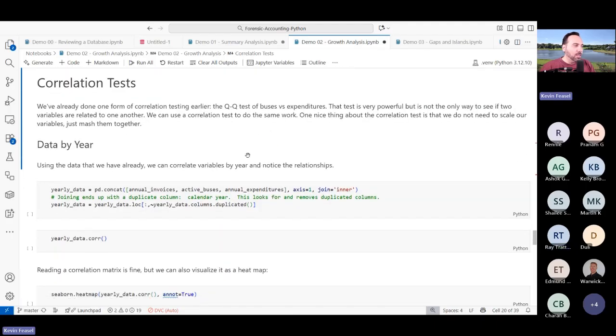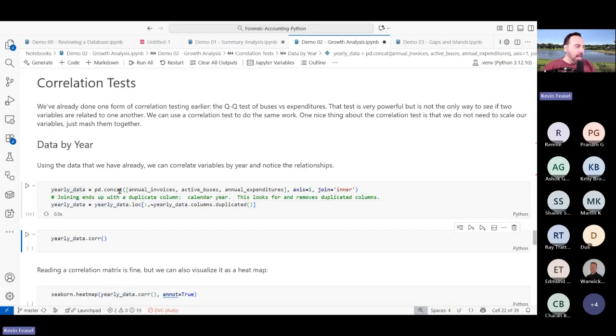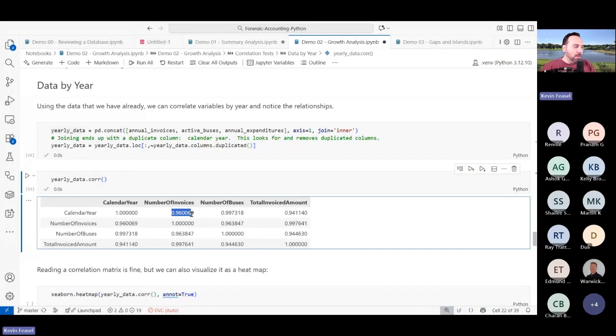All right, correlation tests. There are a couple of them that I can show. Inside of here, I've got yearly data. So now I'm grouping data by year and removing the duplicated calendar year column, then showing this correlation. We have calendar year, number of invoices, number of buses, and total invoiced amount.